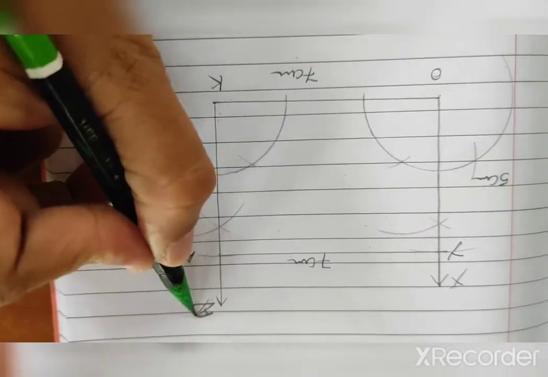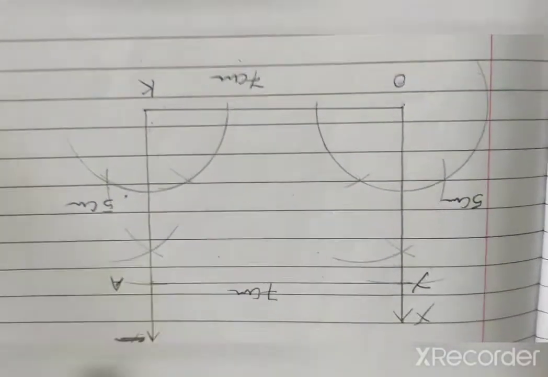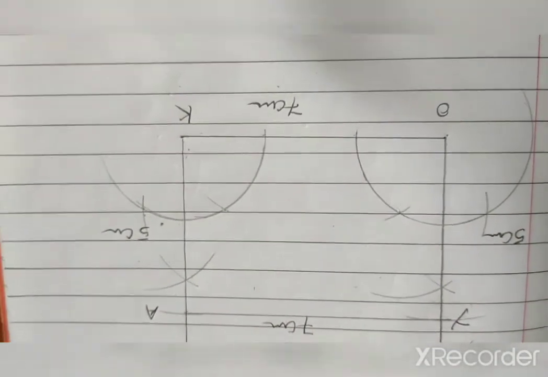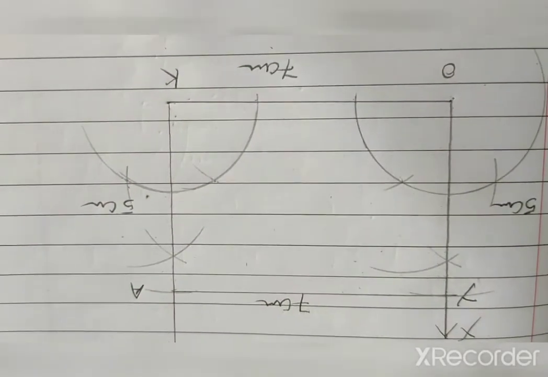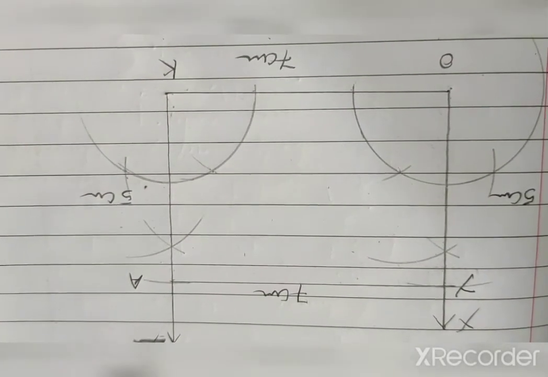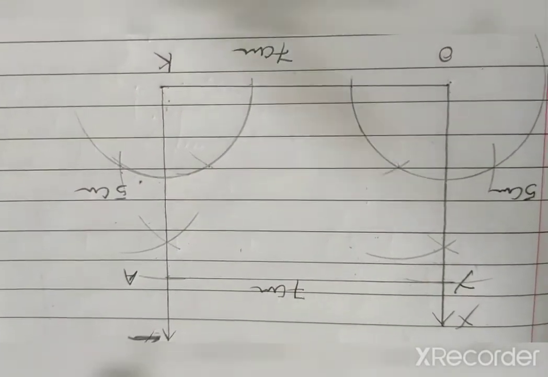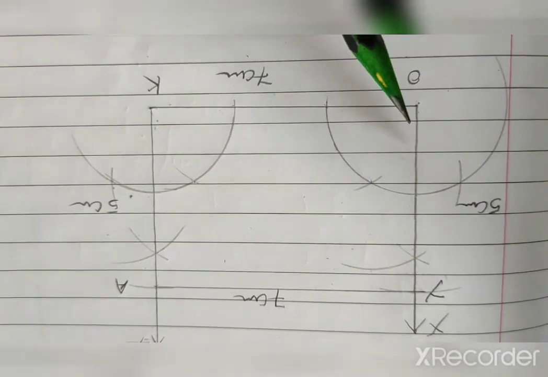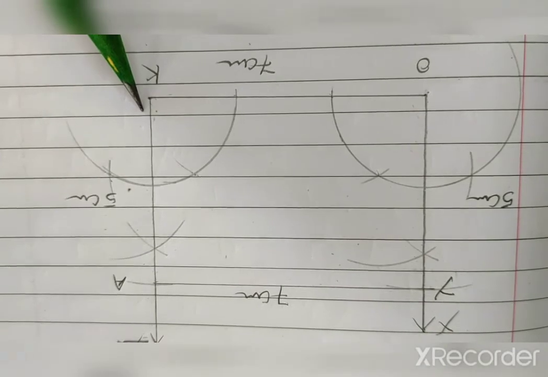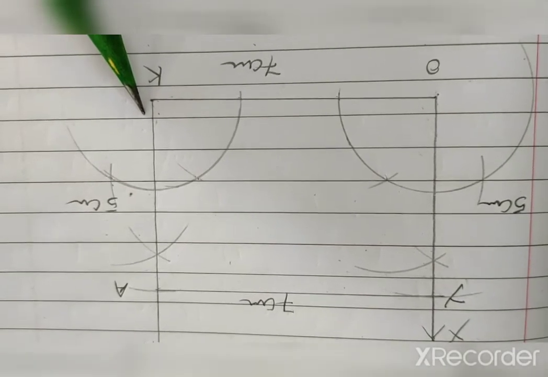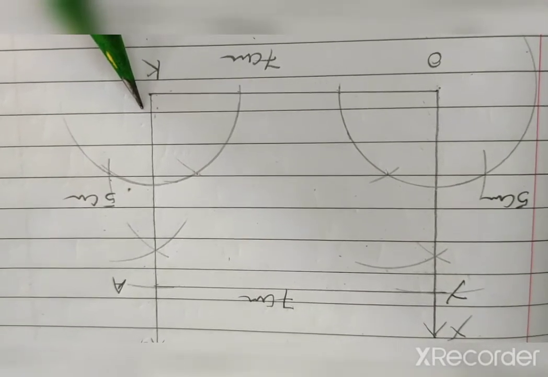Okay, now steps of construction. First, draw a line segment OK equal to 7 centimeter by taking the help of a ruler. Now form angle O equal to 90 degree and angle K equal to 90 degree, because we know that in a rectangle each angle is 90 degree.